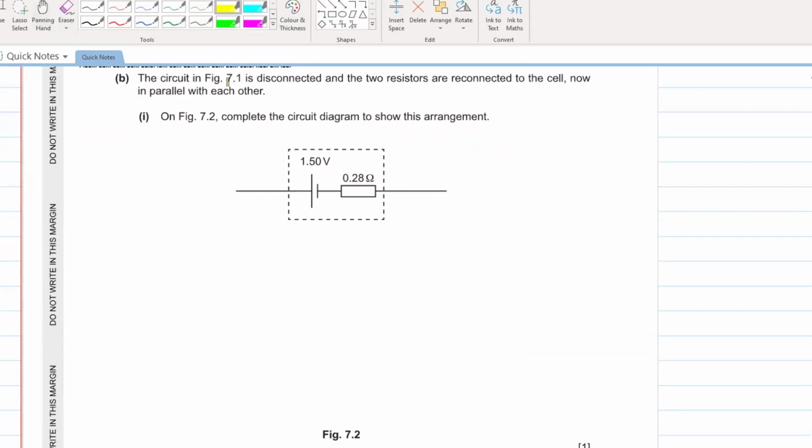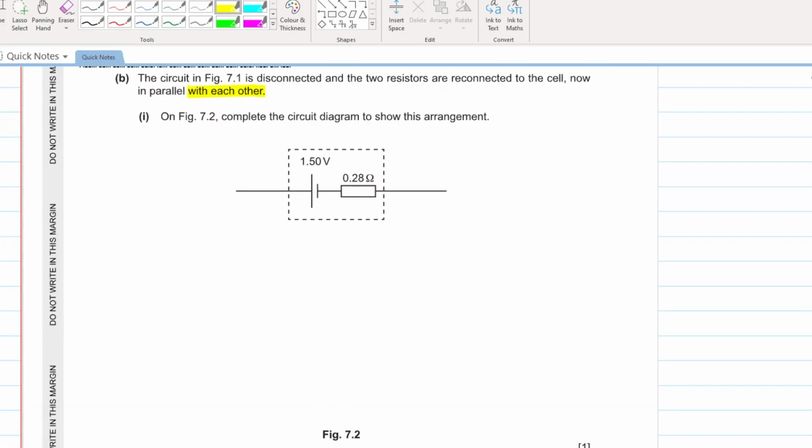The circuit in figure 7.1 is disconnected and two resistors are reconnected to the cell, now in parallel with each other. On figure 7.2, complete the circuit diagram to show this arrangement. Now the two resistors are connected in parallel.